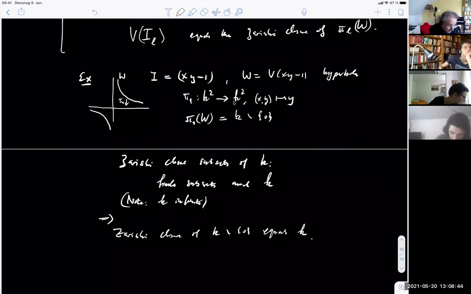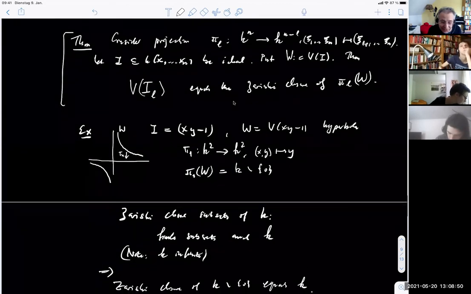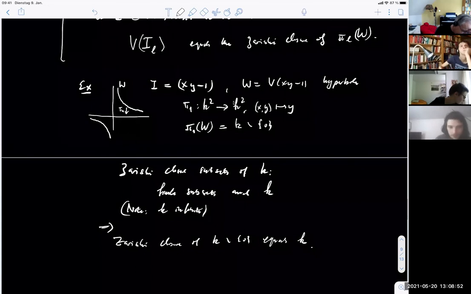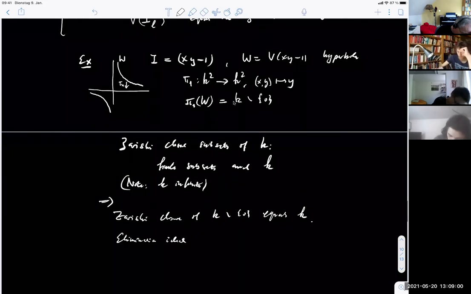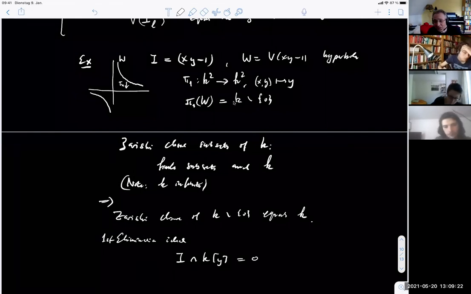Good. So now let's verify. We have this theorem, we can verify it. What's the elimination ideal? I have the first elimination ideal, so I intersect I with this. Which polynomials in I only depend on y? Well, it's only 0, nothing else. This is the 0 ideal. If it's non-zero, you have x in it.